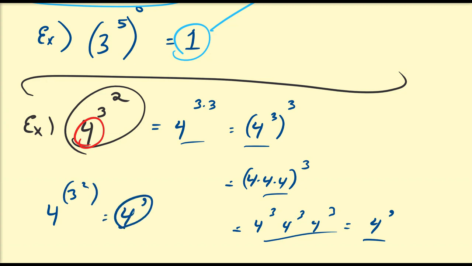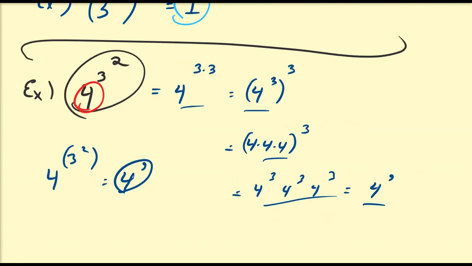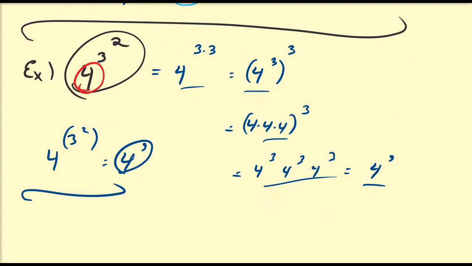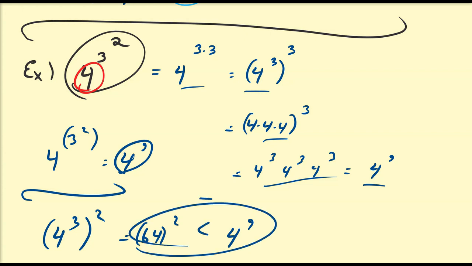That's the same exact thing, which is different than 4 cubed to the power squared. So 4 cubed is 64, and 64 squared is definitely larger than 4 to the 9th. Well, maybe it is, maybe it's not. No, it's not. 4 to the 9th is definitely larger than 64. Nonetheless, they're not equal.